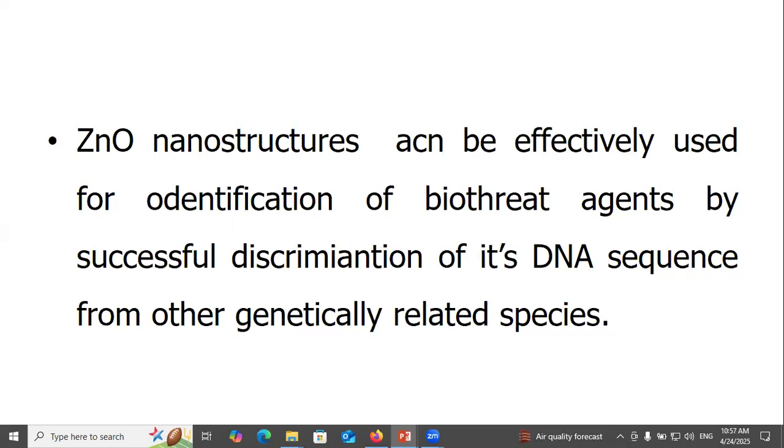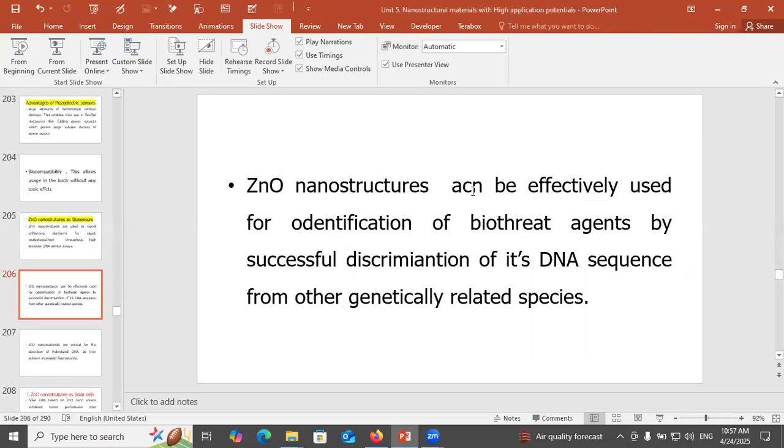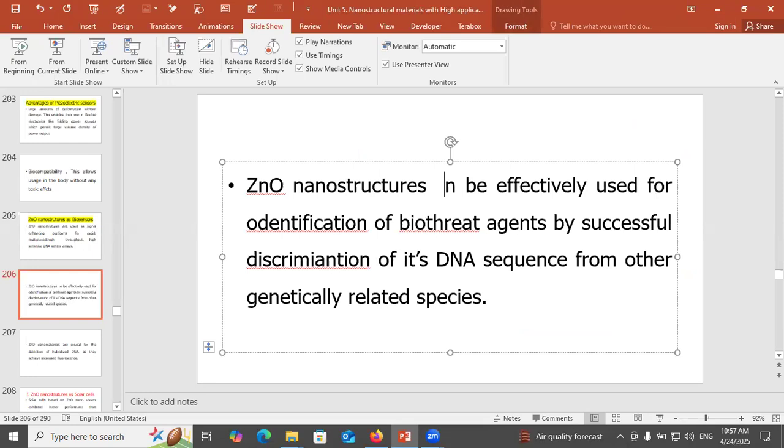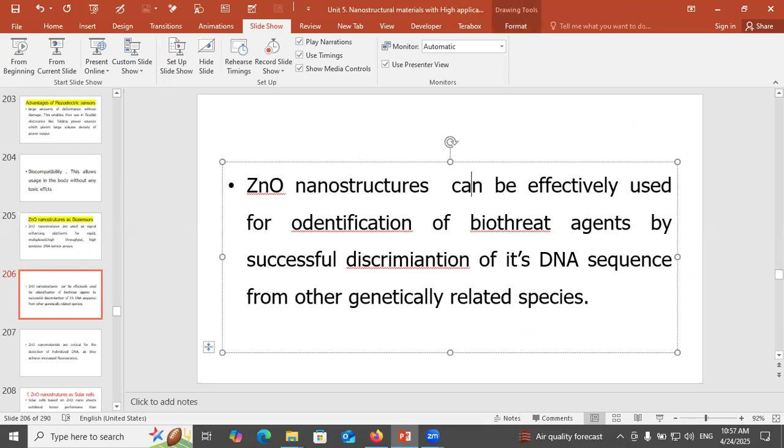Zinc oxide nanostructures can be effectively used for identification of biothreat agents by successful discrimination of DNA sequence from other genetically related species.